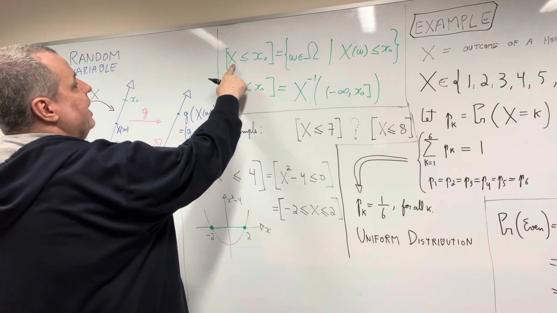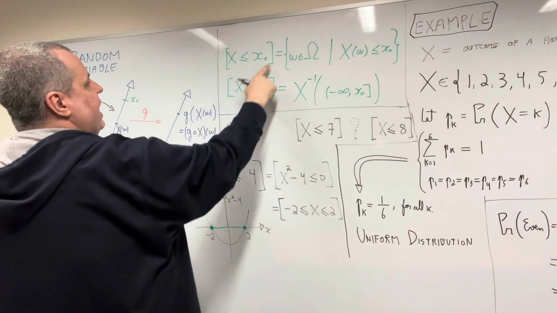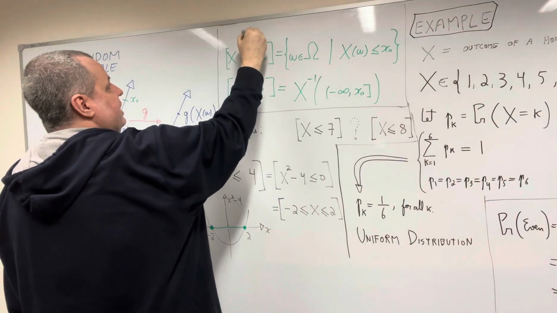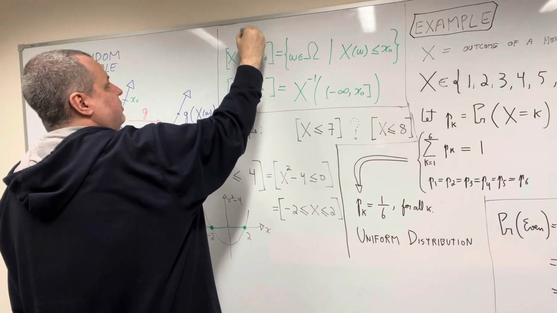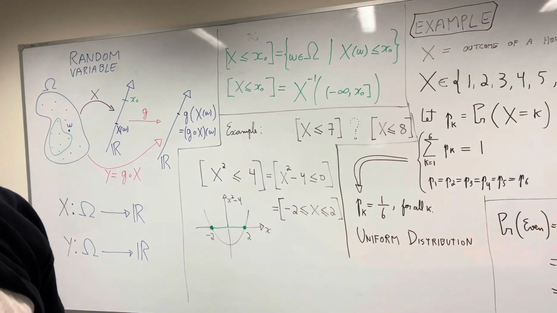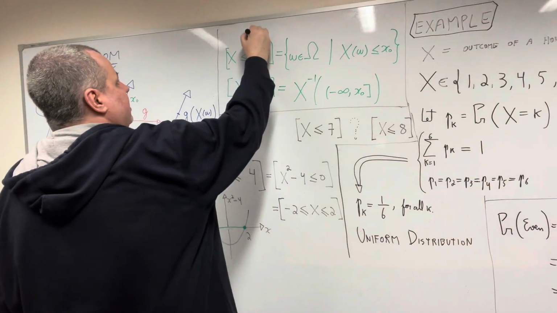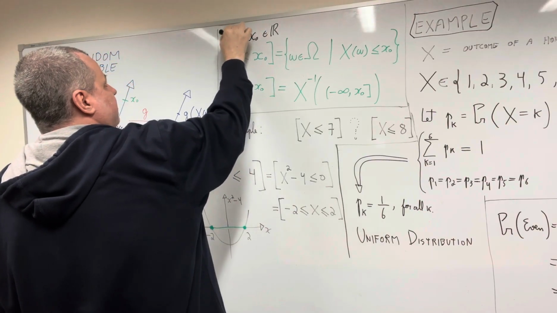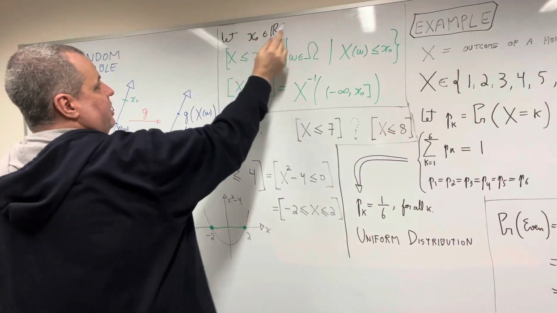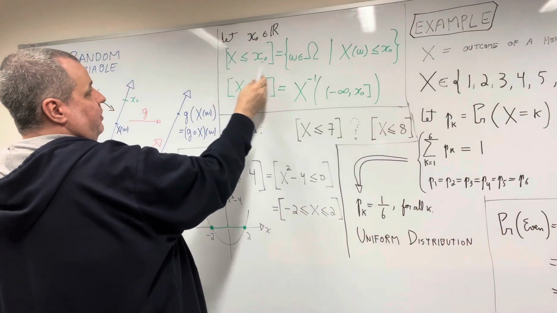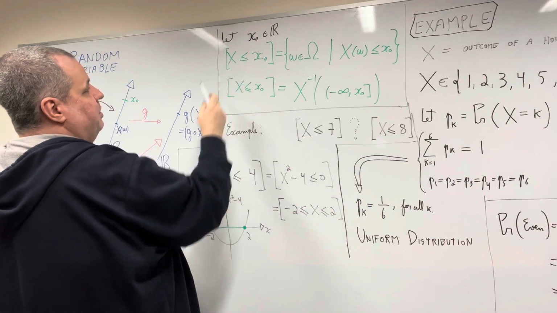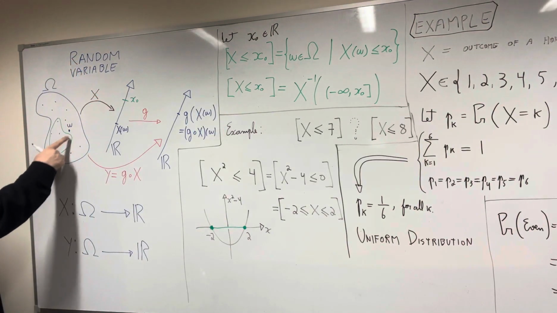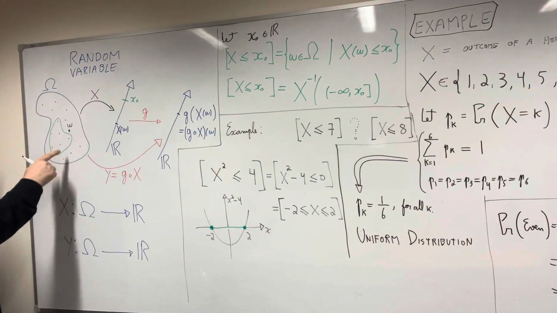Now, let's look at an example here. What do I mean by this square brackets, X is smaller or equal than x0? So first, think of x0 as any real number, okay? Pick any. Let x0 be any real number, and we can look at this. This is going to be an event. This is going to be a subset of my sample space.